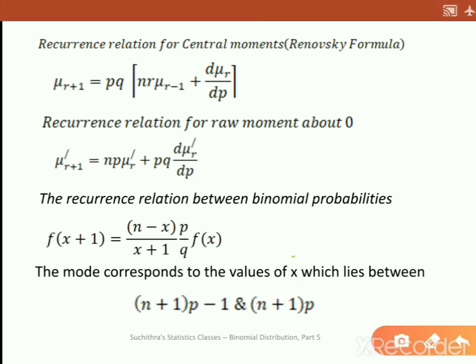Mode x lies between (n plus 1) into p minus 1 and (n plus 1) into p. If (n plus 1) into p is an integer, we have a bimodal case. If (n plus 1) into p is not an integer, the integer part of (n plus 1) into p will be the mode.